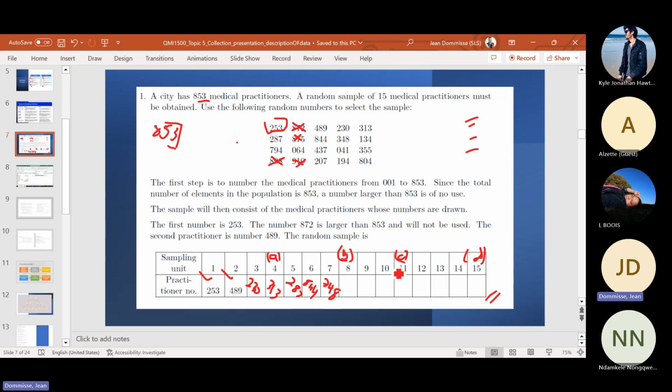But otherwise, there's not really anything else that they can ask around the sampling that is not a definition type of question.